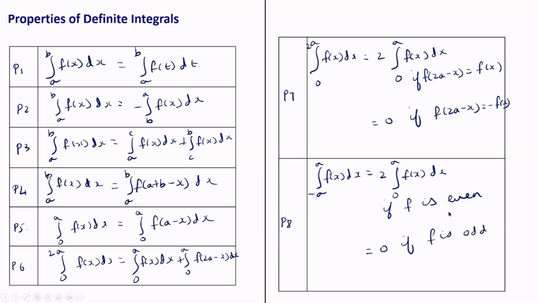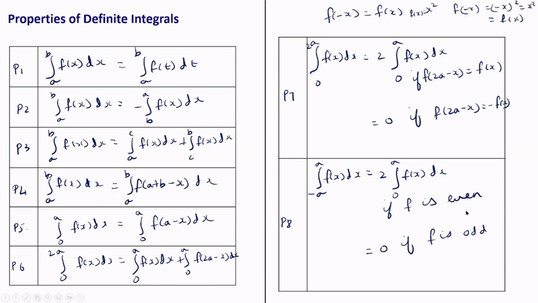Now we call a function an even function when f of minus x is equal to f of x. Say for example x square. If f of x is x square, then f of minus x will be minus x the whole square, which is again x square. It is equal to f of x. So in this case, this function x square is an even function.